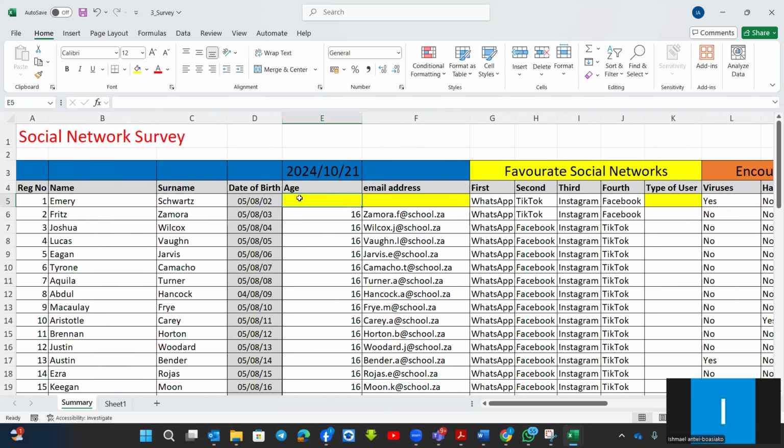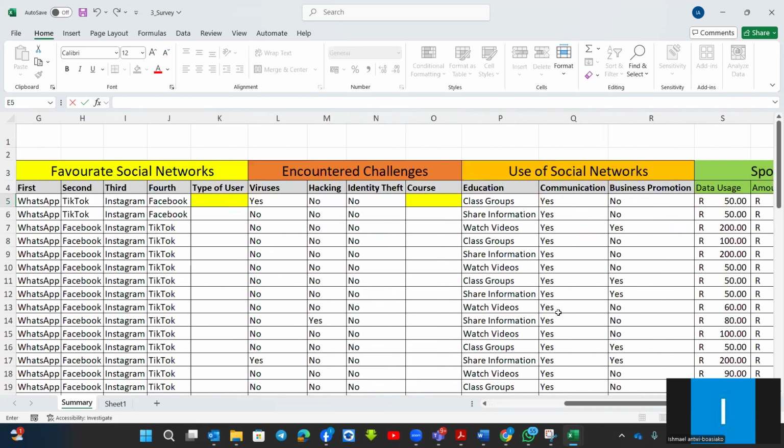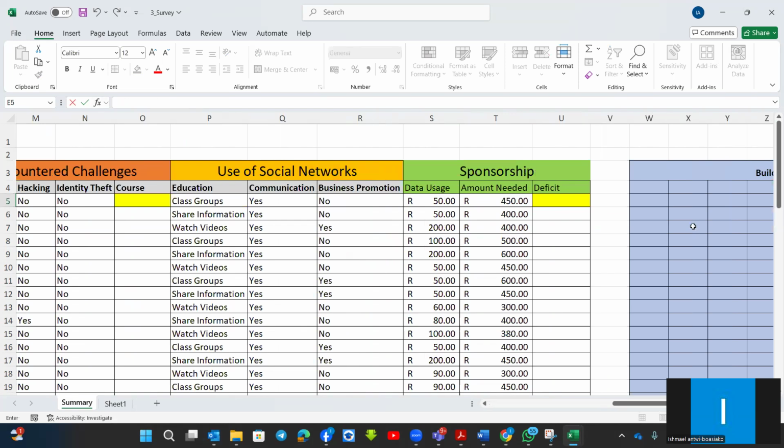Now they want us to calculate the age. So like I said, age, we use the YEARFRAC. Equal sign, YEARFRAC. And then don't forget, whenever you are using the current date, we have to start from the building block. So from the building block, we start with today's function.